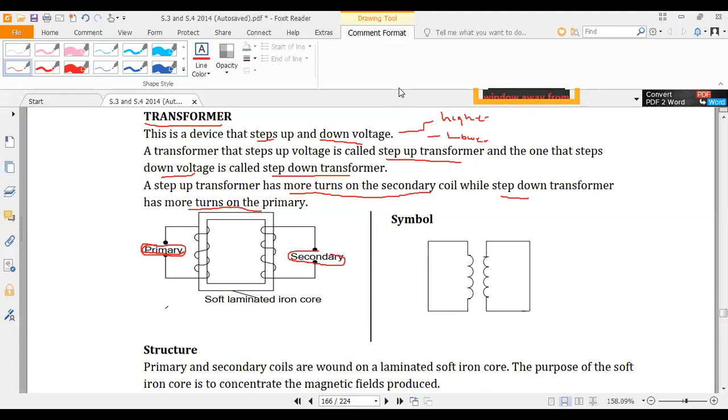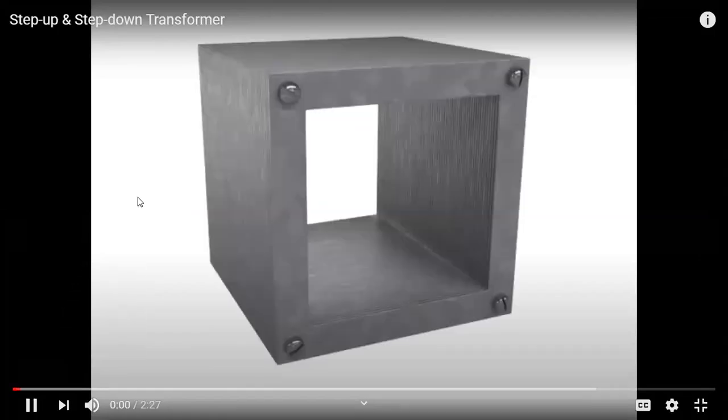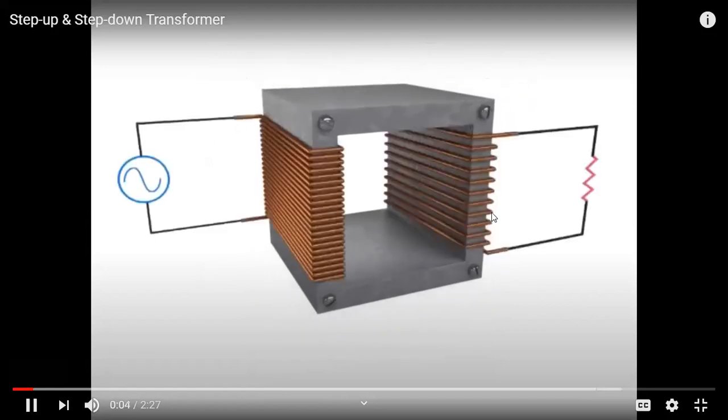So let's look at what a transformer is. This is the iron core that composes the transformer. Coils are connected at these sides of the iron core.